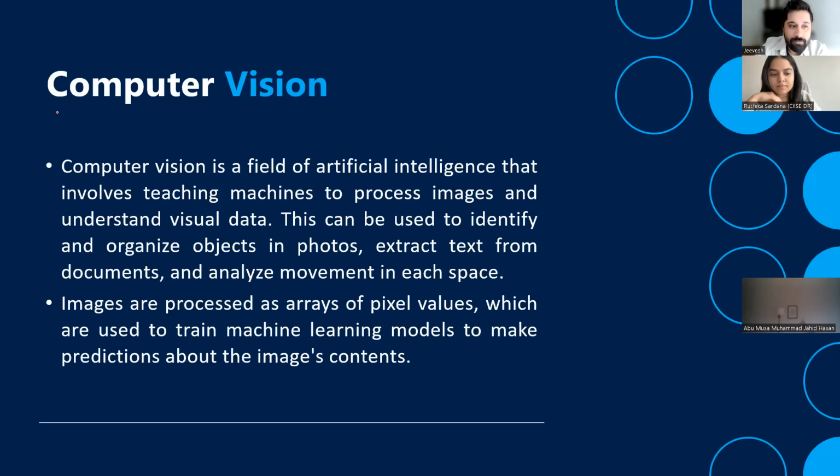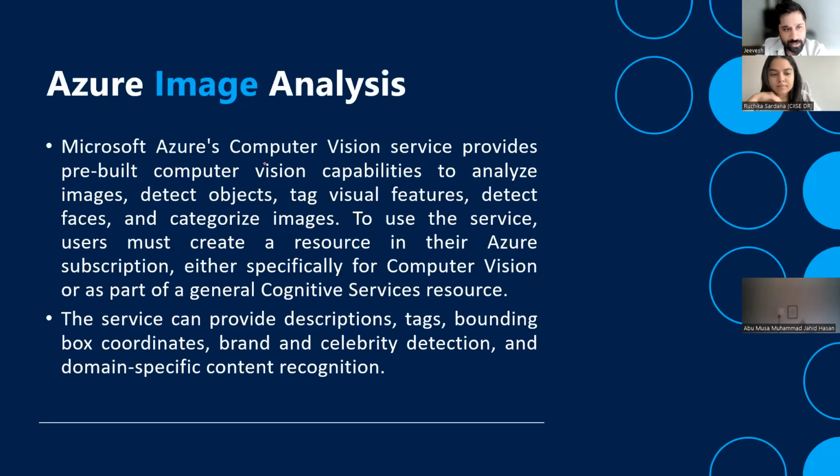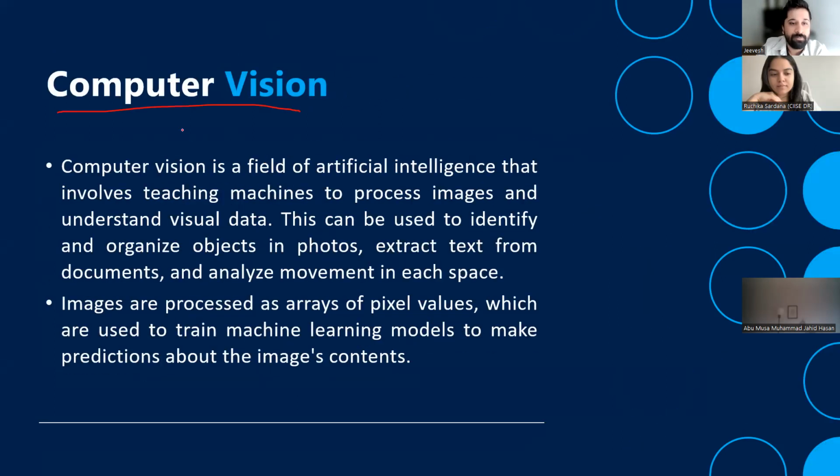So now coming to computer vision, we're just one slide away from a practical, one or two slides. No, three slides away from a practical. We've already discussed this yesterday, but to put this in a definition perspective, computer vision is a field of AI that involves teaching machines to process images and understand visual data. This can be used to identify and organize objects in photos, extract text from documents, and analyze movements in physical space.